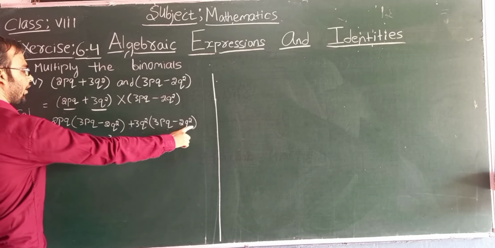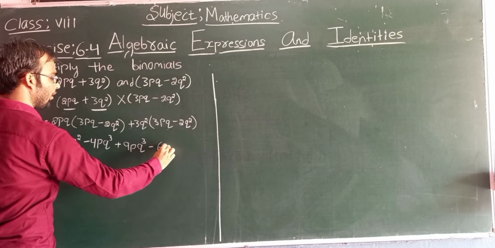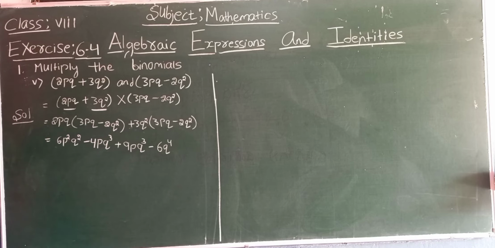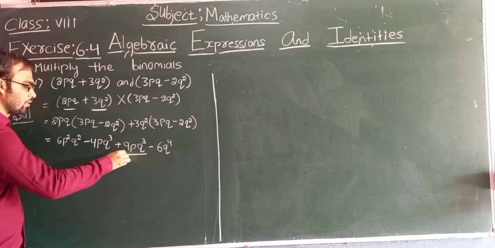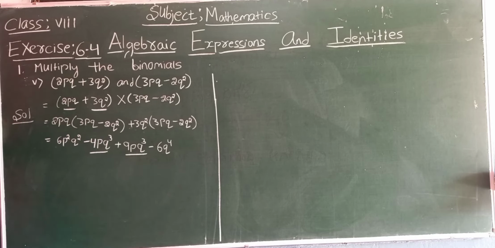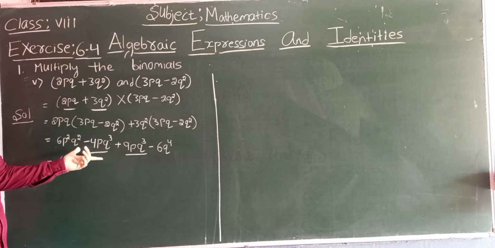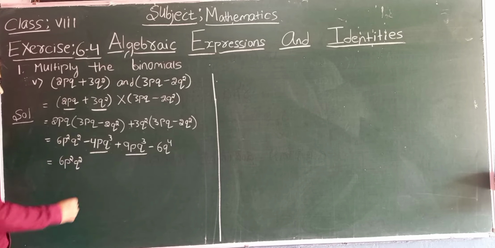Q square into Q square will be Q to the power 4. Now look at these, students. These two are the like terms. PQ cube and PQ cube. Write this one as it is, 6P square Q square. Next, when there are opposite signs, what we need to do? We need to subtract. 9 minus 4 is what? Plus 5.